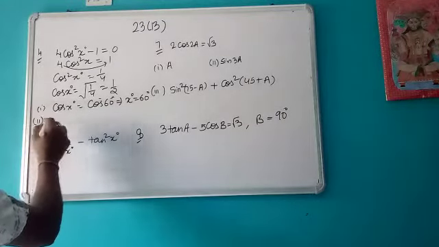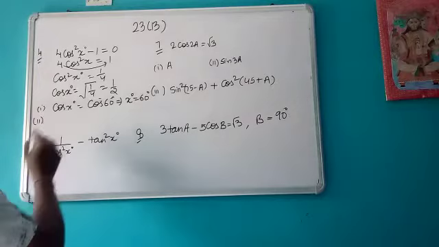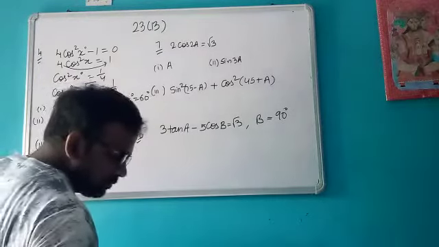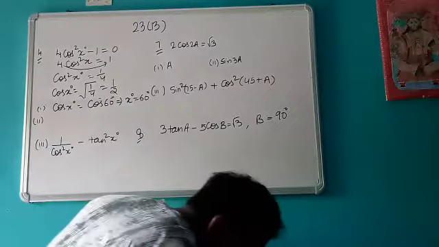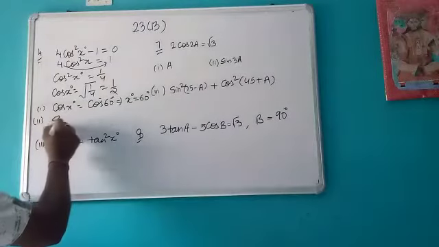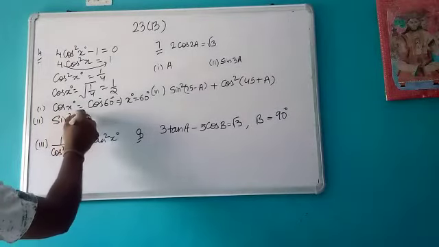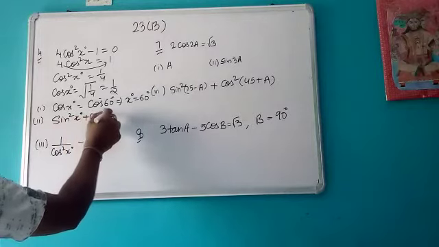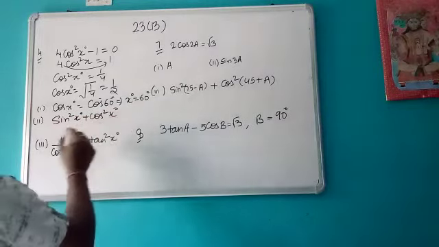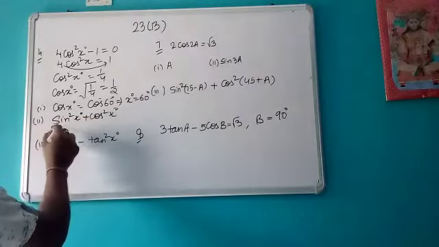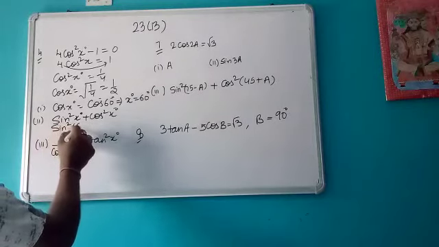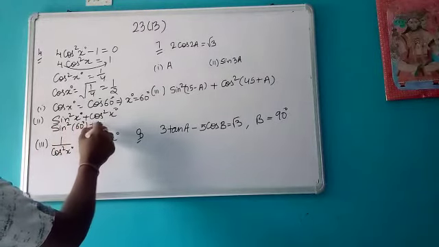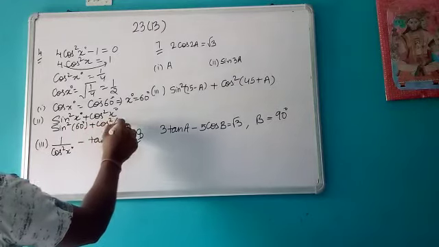Then in the second part, the value of sine square x degree plus cos square x degree is asked. So what we will do, we will put the value: sine square 60 degree plus cos square 60 degree.